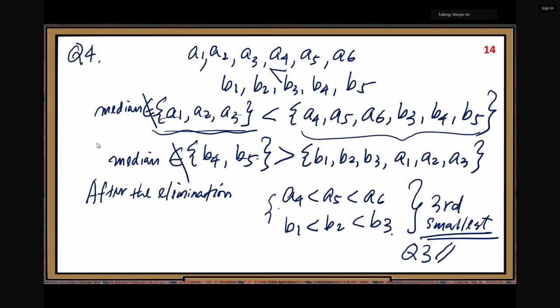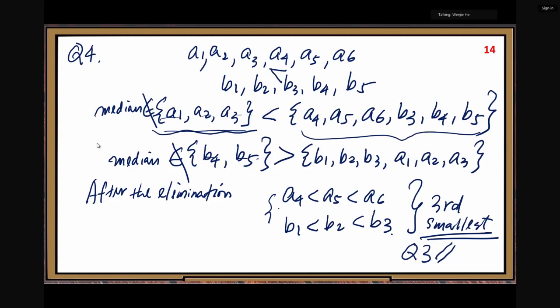Here we need to stop as soon as we find the third smallest. You do not need to do anything after that, because we get a solution. Stop immediately after you get the third smallest element. So that's question 4.